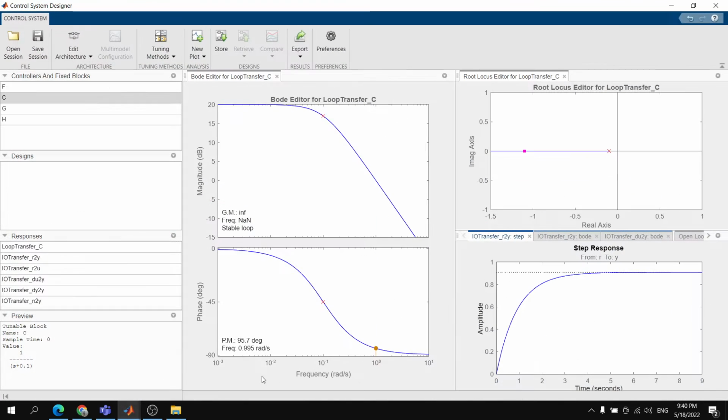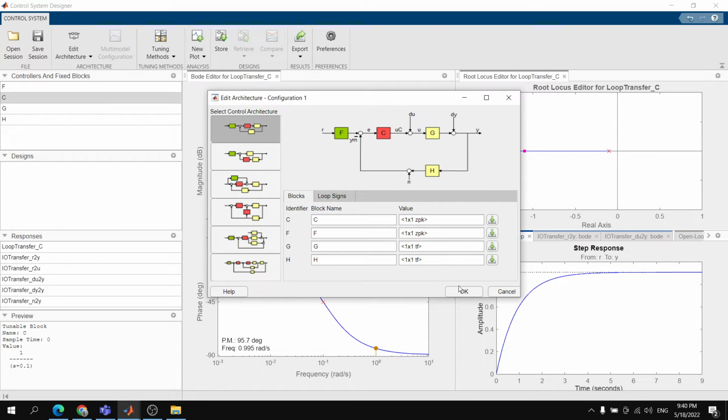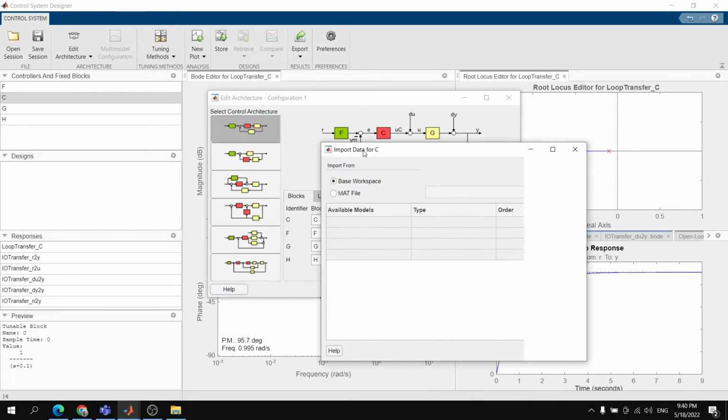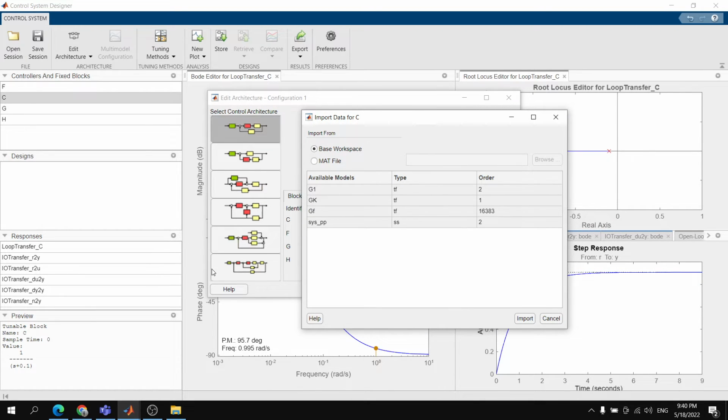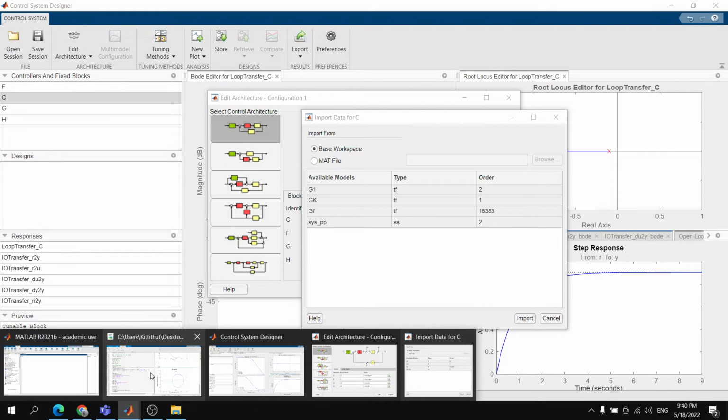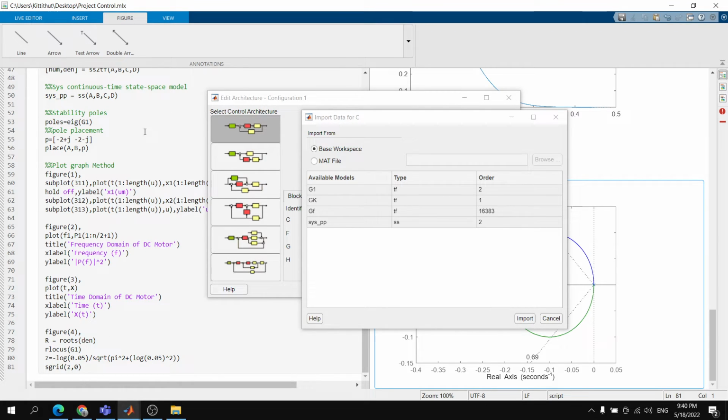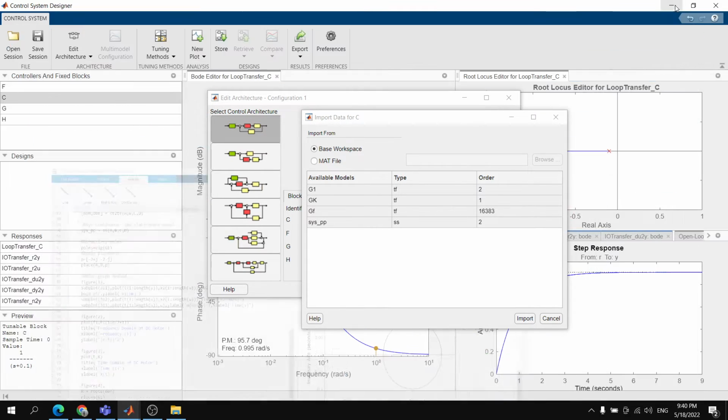Next, the control system designer. I use the edit architecture and import block name 3, and import from the base workspace of the project control code in MATLAB, and after running, I use this G1, GK, G4, GF system, and then click import.